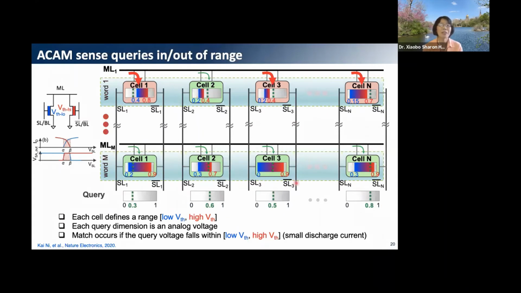So again, by detecting the discharge current on each of these match lines, we can tell if a particular word is a match or not a match, in the sense that the word is inside the range of the stored cells. Okay, so here I show this is a match one and this is a mismatch one. Now we'll show later that ACAMs can be quite useful for certain applications.